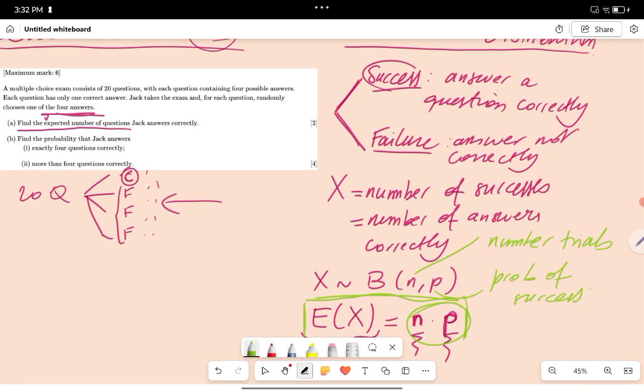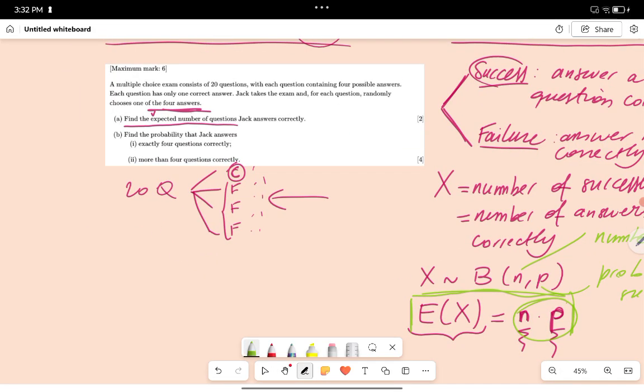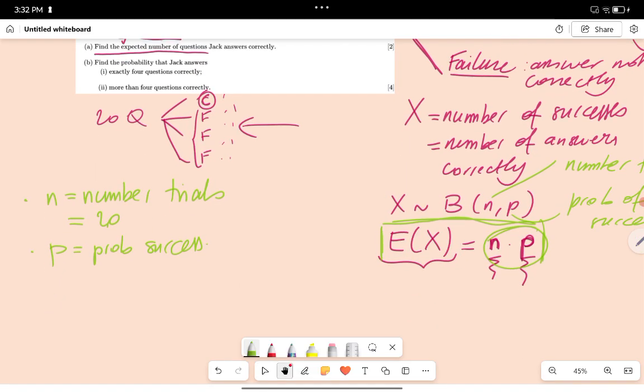Okay, so what is our n here and what is our p? Well, n is the number of trials. And in this case, how many questions do we have? We've got 20 questions, so that can be seen as our trials. So n will be 20, and p is the probability of success, right? So our probability of success, what is our success?